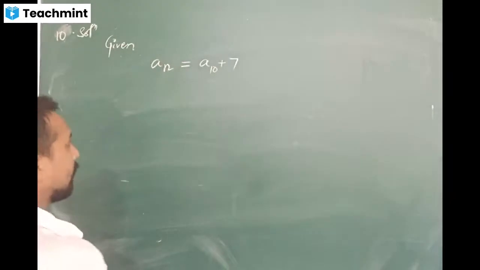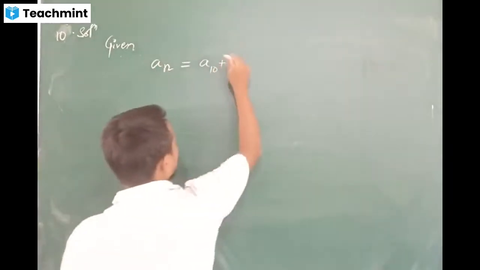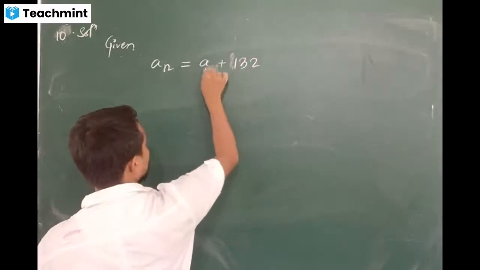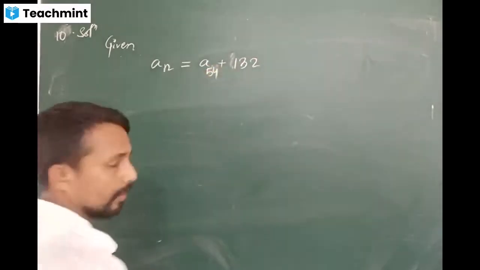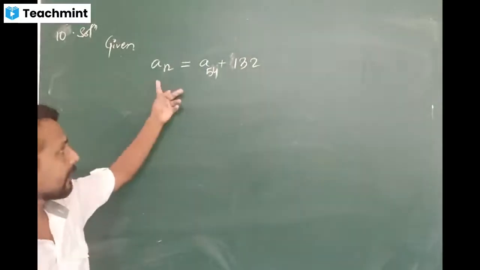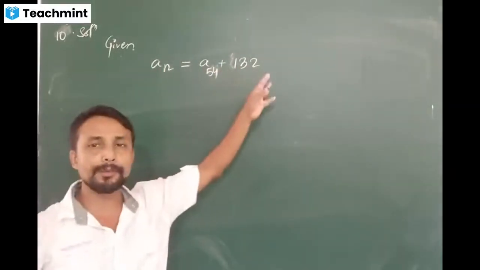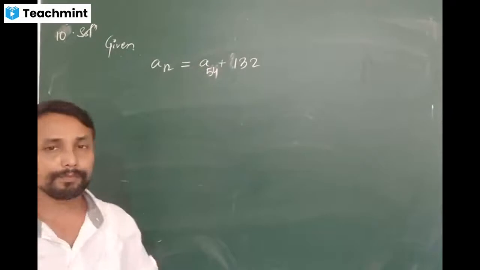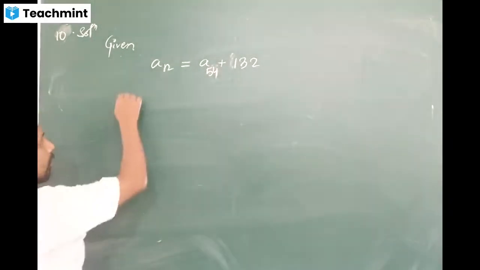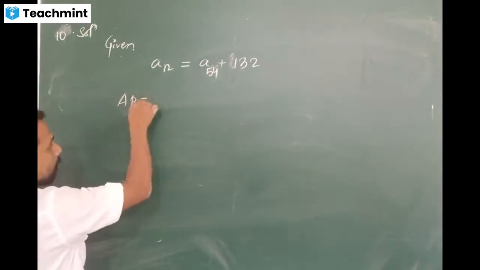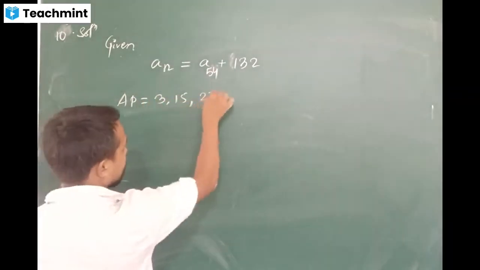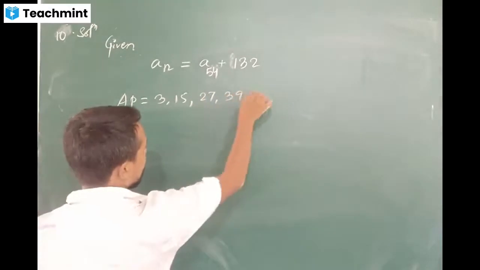An is equal to 132 more than its 54th term. The nth term is 132 more than its 54th term. The AP is 3, 15, 27, 39.